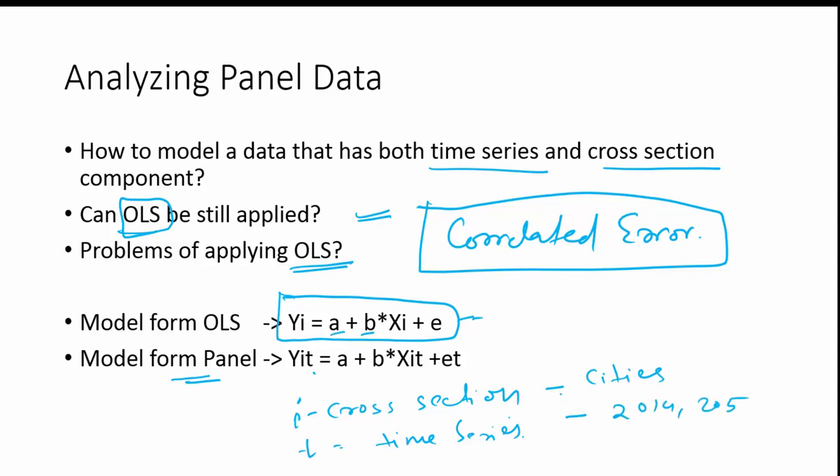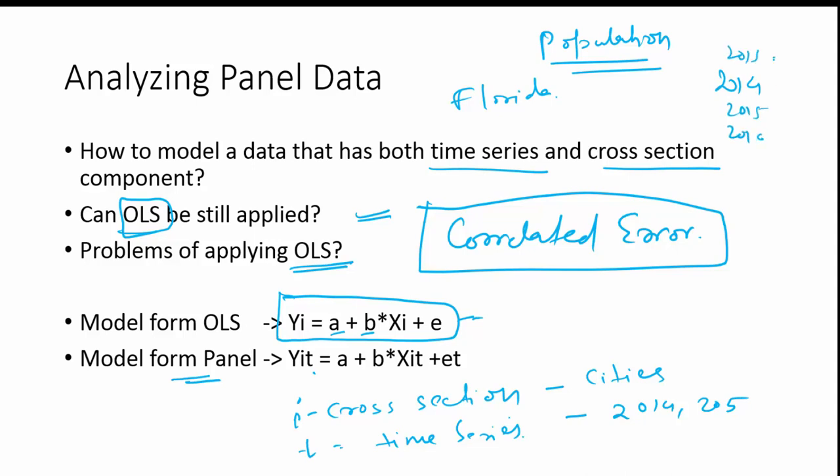Now, in this particular case, you will see that the errors are most likely to be correlated for a particular cross section. If you take the population for Florida over time, over 2014, 2015, 2016, and even before that, you'll most likely find the population to be very correlated among themselves, right?